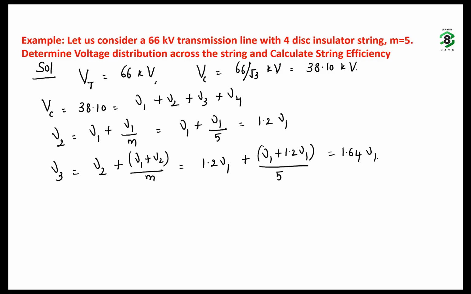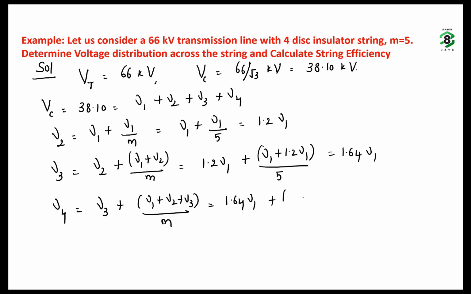Similarly, the last disk, v4, is equal to v3 plus (v1 plus v2 plus v3) whole divided by m. Already we know v3 in terms of v1, 1.64 v1.